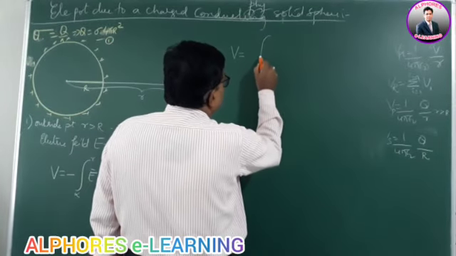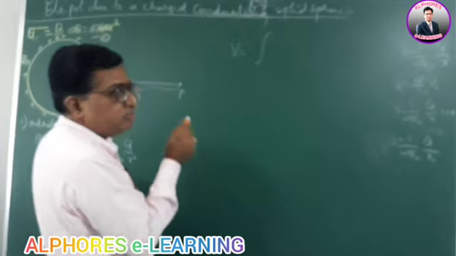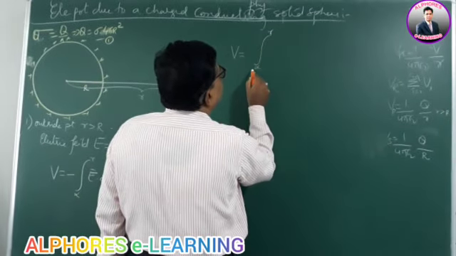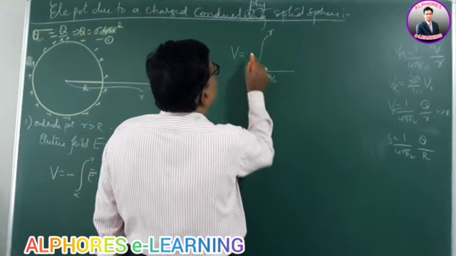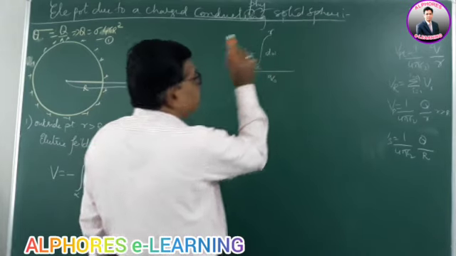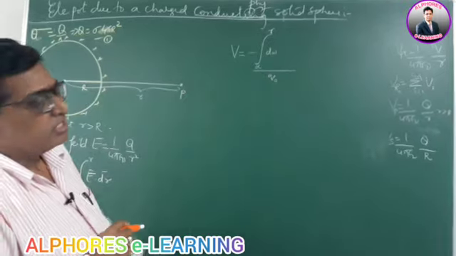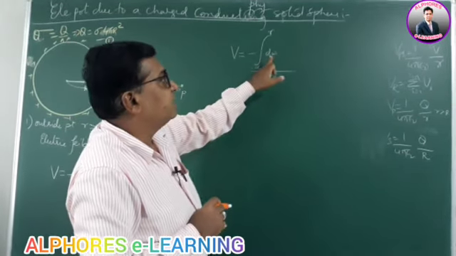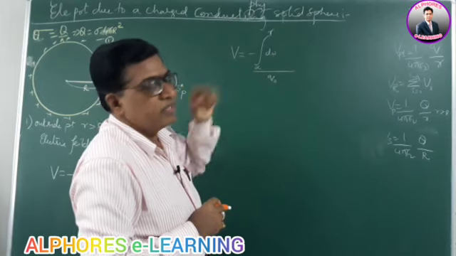So it is the integration of the work done dW per unit test charge Q naught against the field.